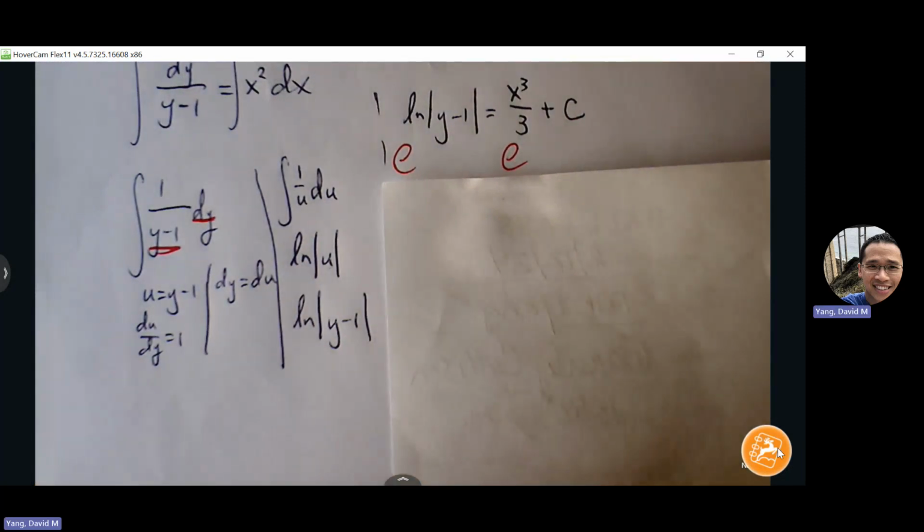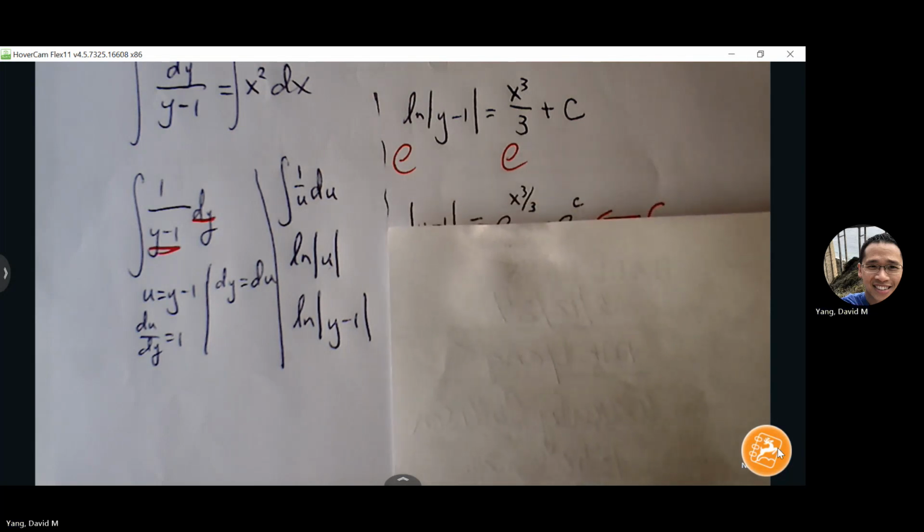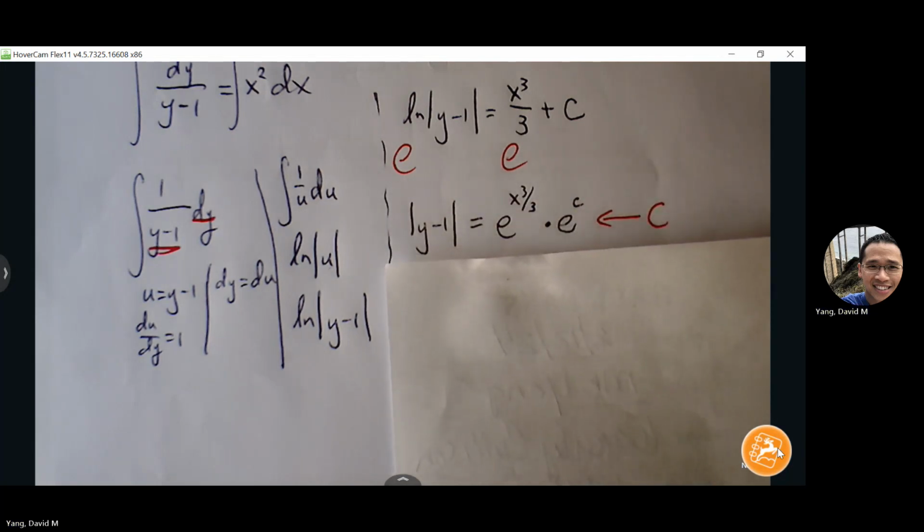The right side I can split up into multiplying two separate expressions. I know e to the c is just a constant, so times c. Pull that c out in front, drop the absolute value.